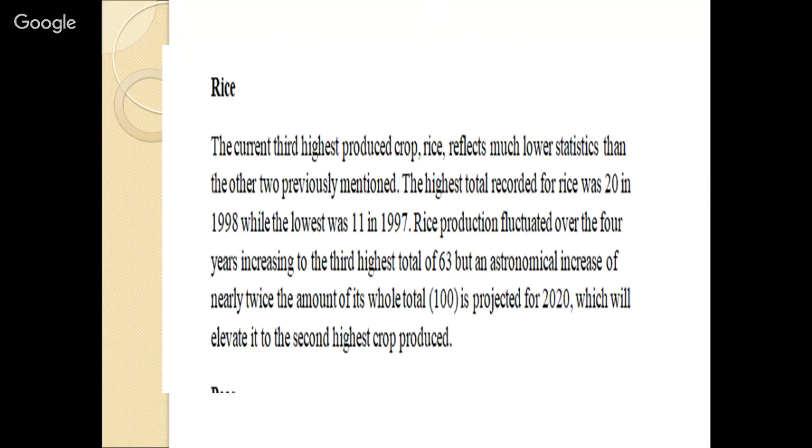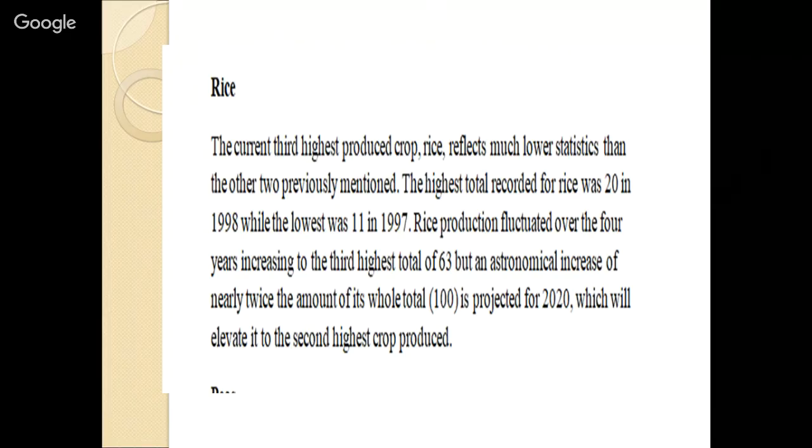Rice. The current third highest produced crop, rice, reflects much lower statistics than the other two previously mentioned. The highest total recorded for rice was 20 in 1998, while the lowest was 11 in 1997.